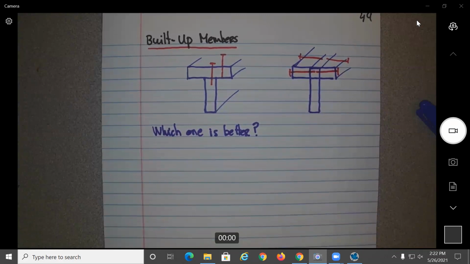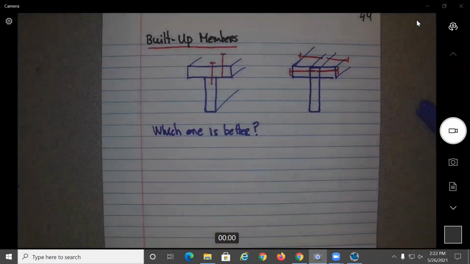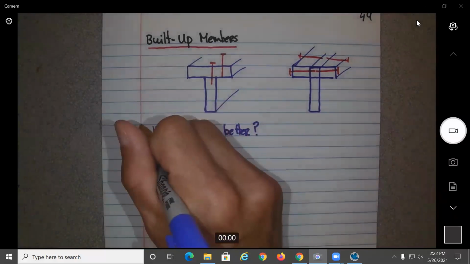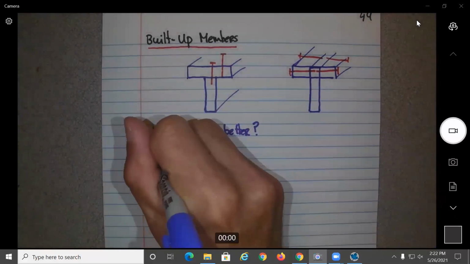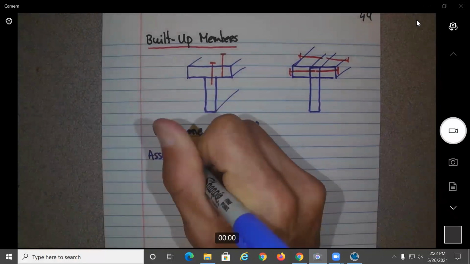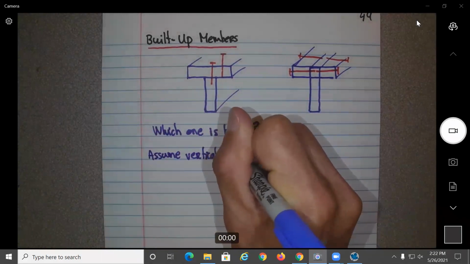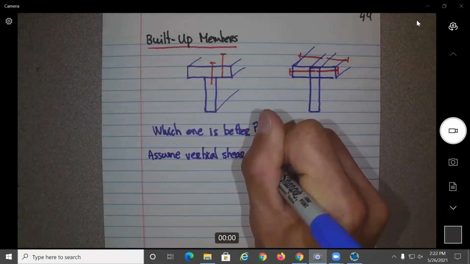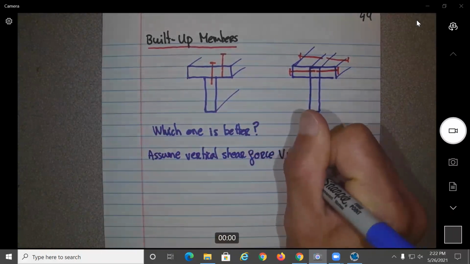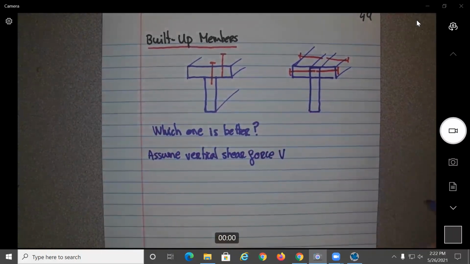So how can we figure it out? Obviously, the answer is that it depends on how this structure will be loaded. If you put the load in one direction or in another direction, you might have different effects. But in this case, what we're going to assume is a vertical shear force V.